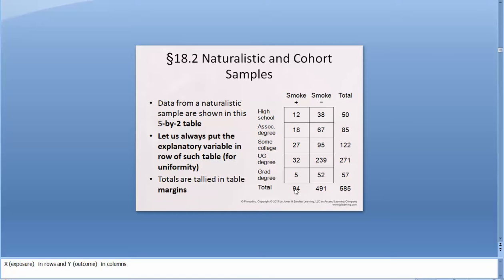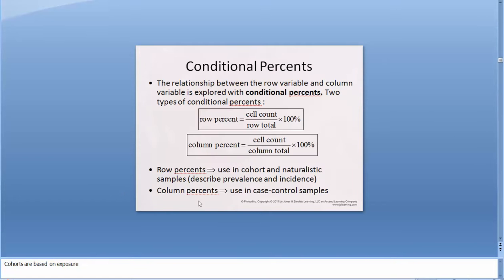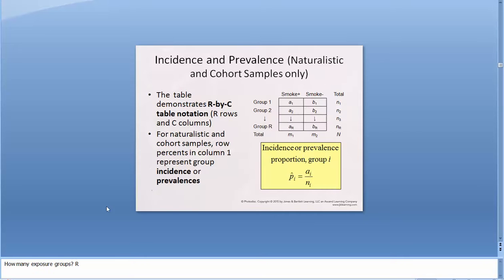So like that you can calculate that. Sometimes, of course, for cohort studies and for natural samples, row percents are more meaningful than column percents. And column percents are useful in case control samples. Okay, let's go into the next one.